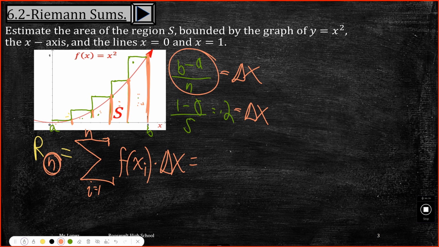Okay, now let's actually apply it to 5, R5. So this is the formula, and now let's use it. R5 equals the summation from i equal to 1 to 5.